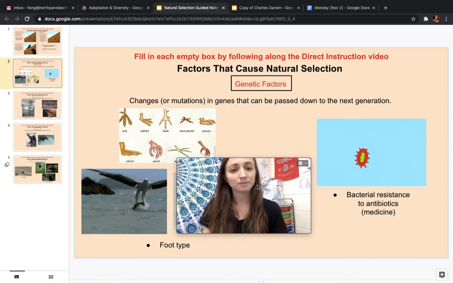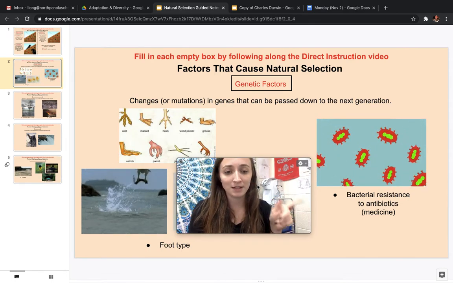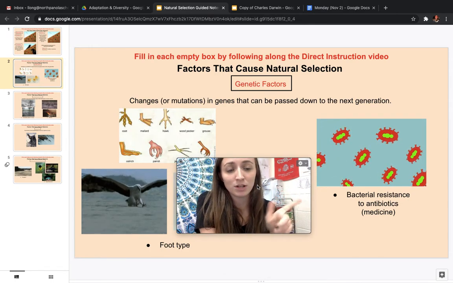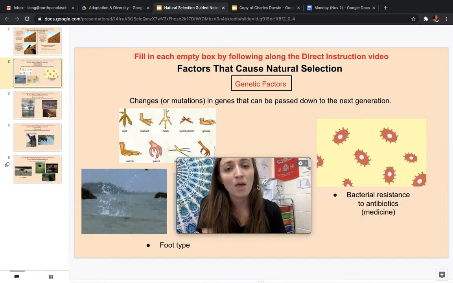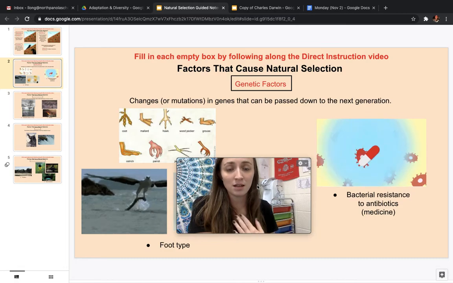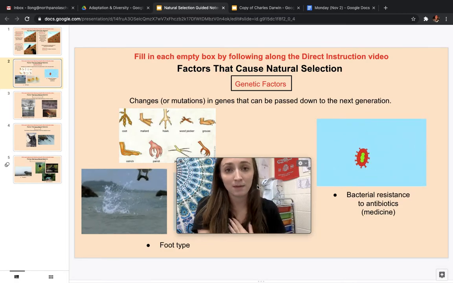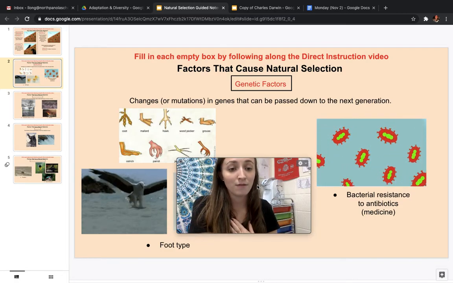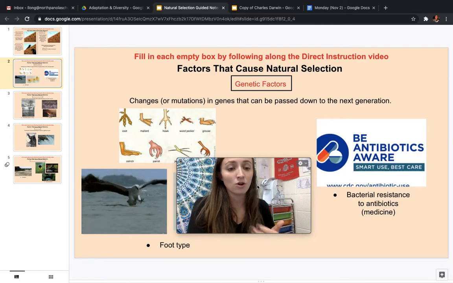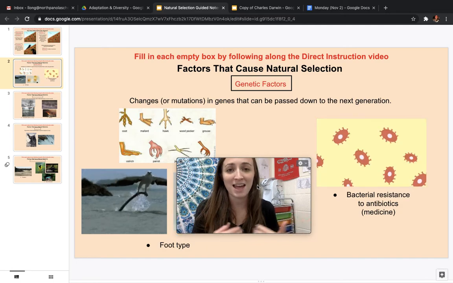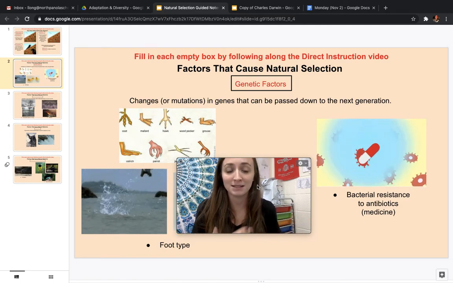Another one, you'll probably hear about this. This will definitely come up in test questions. They love to throw this at you guys. Bacterial resistance. If you have a bacteria in your body that's causing you to be sick, some bacteria have a gene that is allowing them to resist or not be harmed by any antibiotics or medicine that we take.